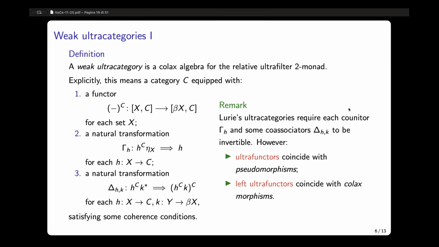And I'm not going to go into too much detail about this, but the idea is that to obtain the main theorems of the theory of ultracategories, we can just have a fully faithful extension of Lurie's notion, for example, and then they will carry on for our notion. So yeah, ultrafunctors are pseudomorphisms of Kock algebras, and left ultrafunctors that Lurie considers are lax morphisms of Kock algebras.